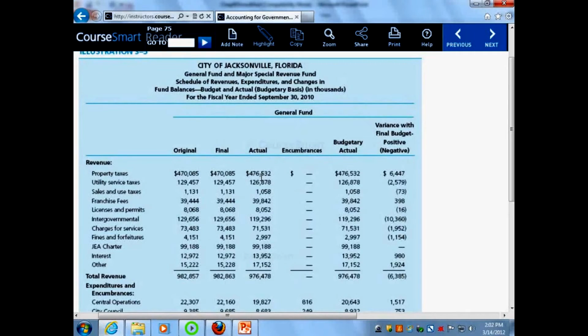Because remember I told you at the start, this statement can be prepared using governmental GAAP, or not governmental GAAP.